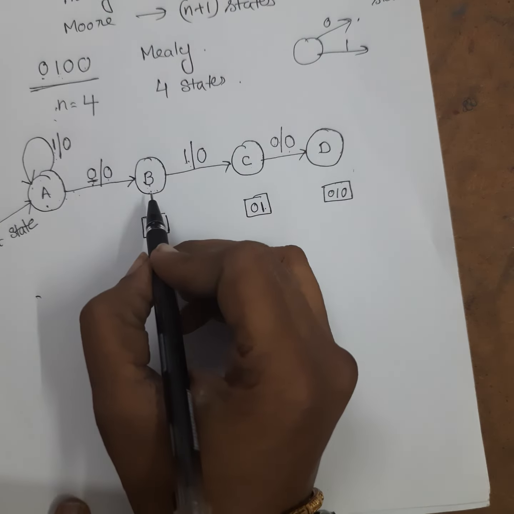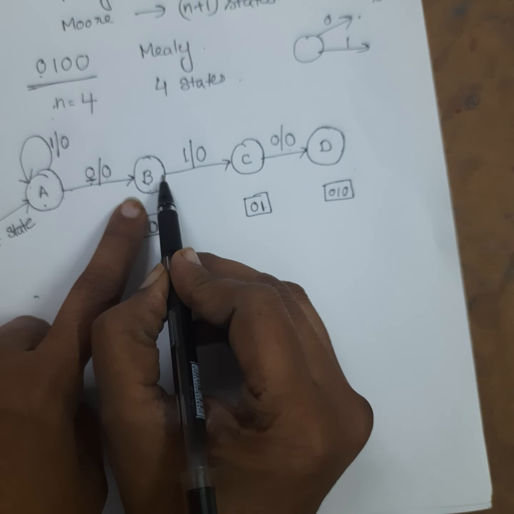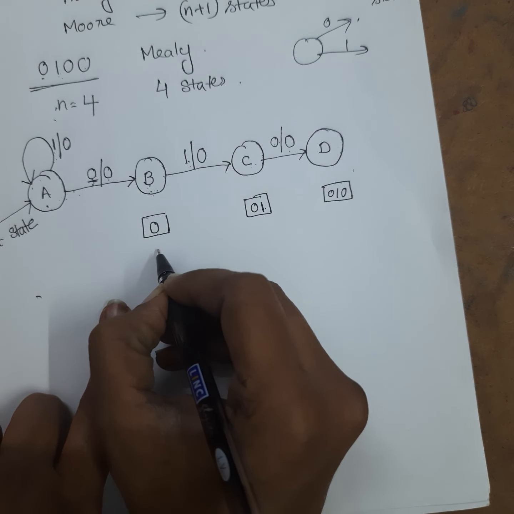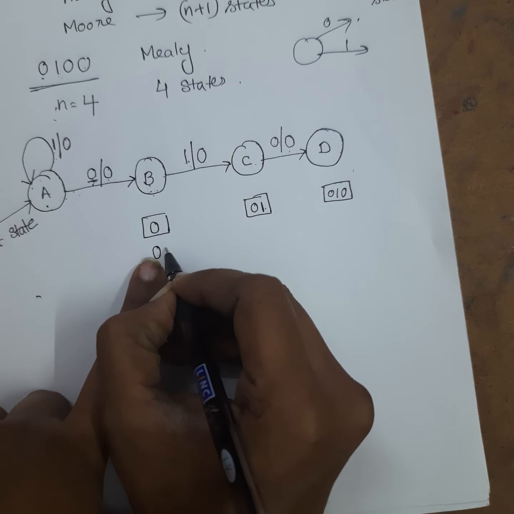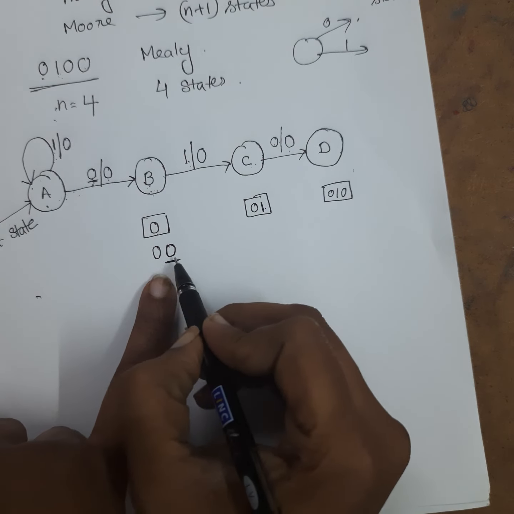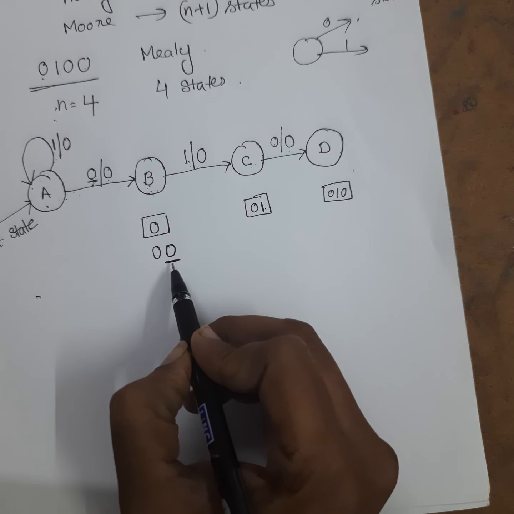Next, for B. Whenever there is a 1, it goes to the next state. What happens for 0? We have to find out what happens when there is a 0.